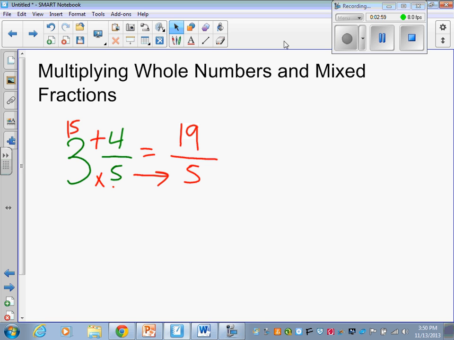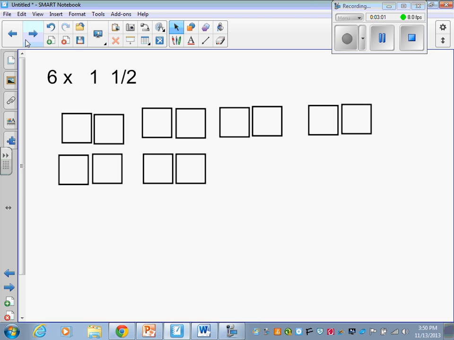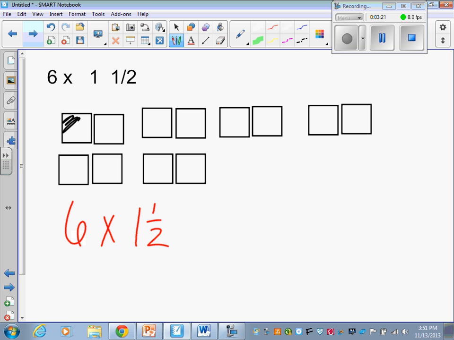So let's do some examples. Let's say we want to multiply 6 times 1 1/2. I have a model here to show you what it would actually look like if we multiplied 6 by 1 1/2. So I have all these squares set up, and they're going to represent 6 groups of 1 1/2. So this is one group of 1 1/2. This is 2 groups of 1 1/2. Just showing you what it would look like to multiply 6 times 1 1/2.